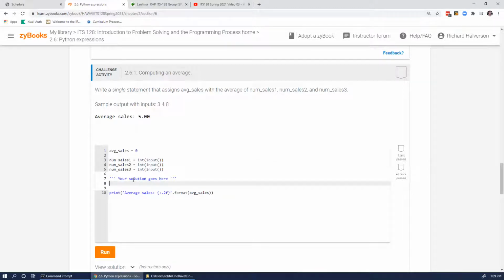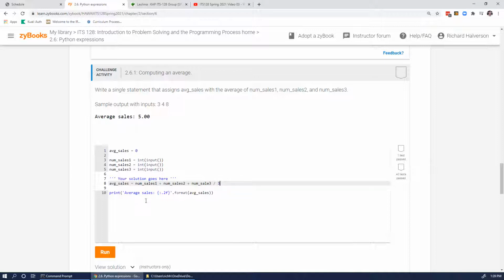Well, that's just avg sales equals num sales 1 plus num sales 2 plus num sales 3 divided by 3.